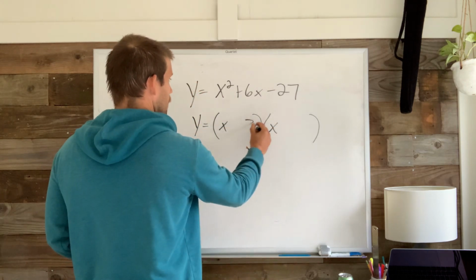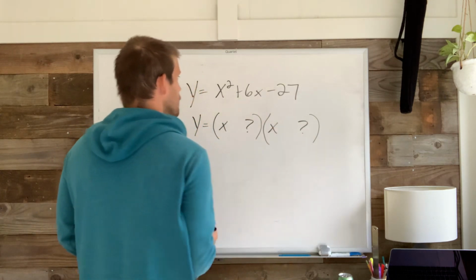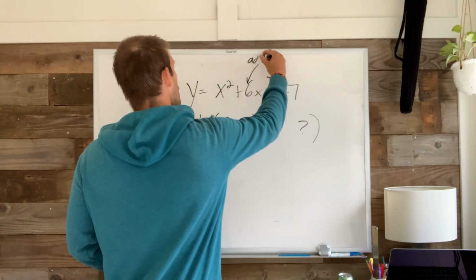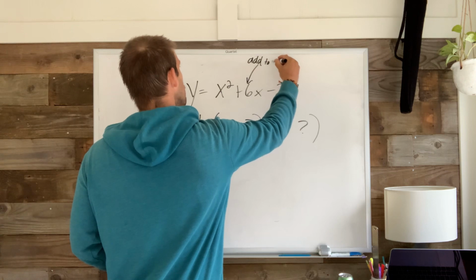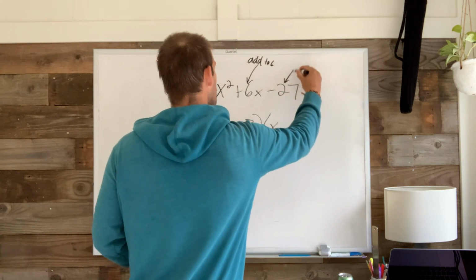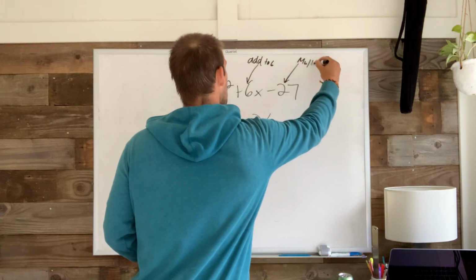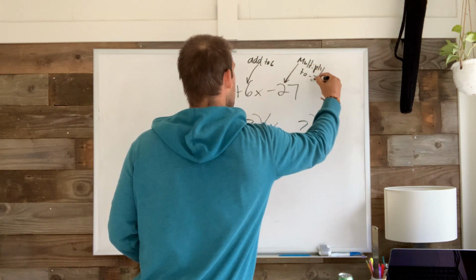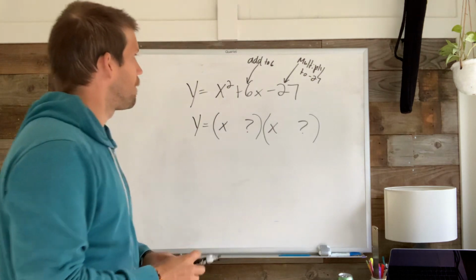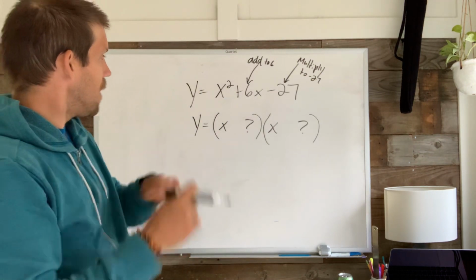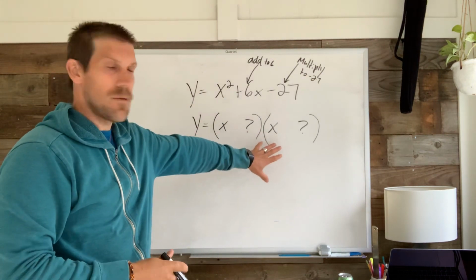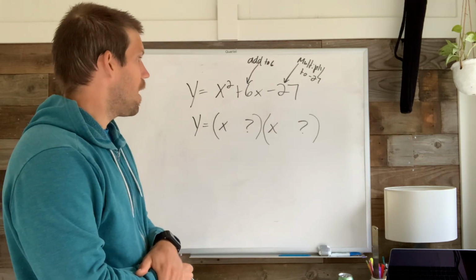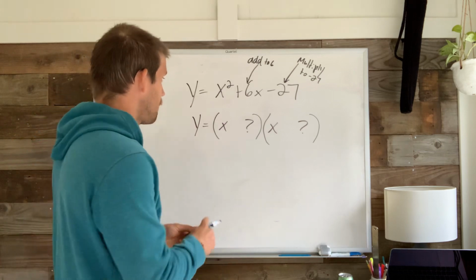These two are unknown numbers, and they have to add to 6 and multiply to negative 27. Okay, so what two numbers can we think of? You can pause the video now if you want to try to solve on your own. Otherwise, I'll share the answer.